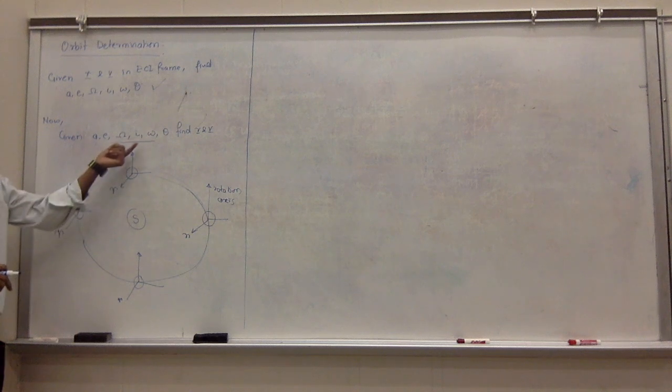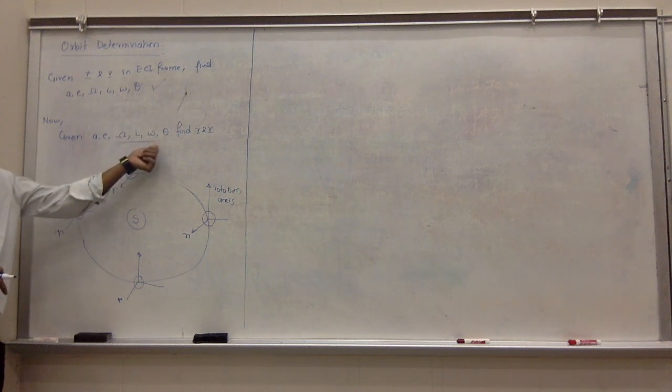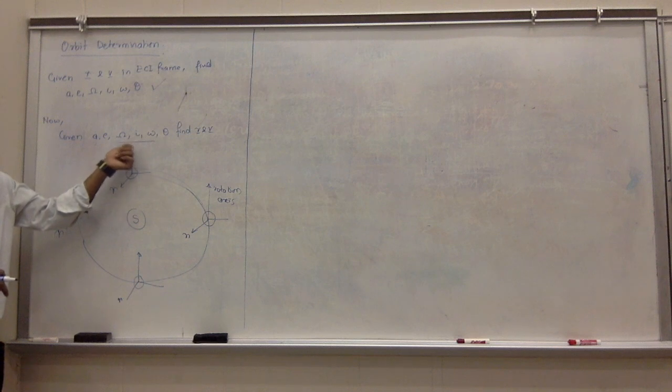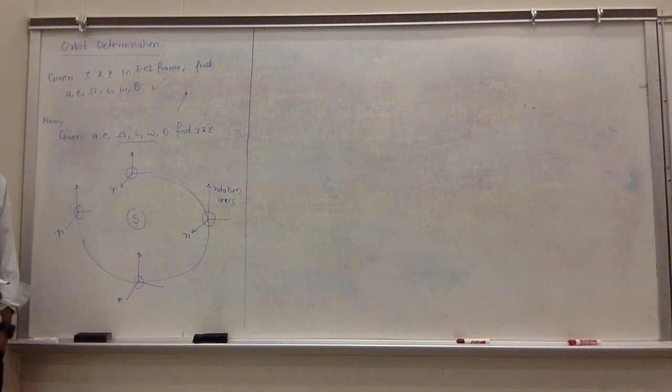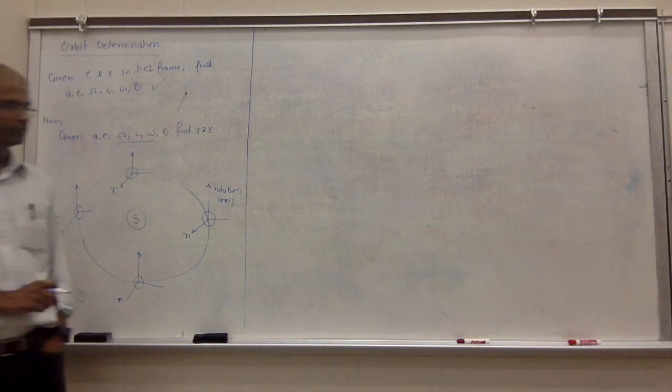These angles, cap omega, i and small omega, define the relative orientation. What does that mean? Cap omega is what? Right ascension of ascending node. i is what? Inclination. Small omega is what? Argument of periapsis.